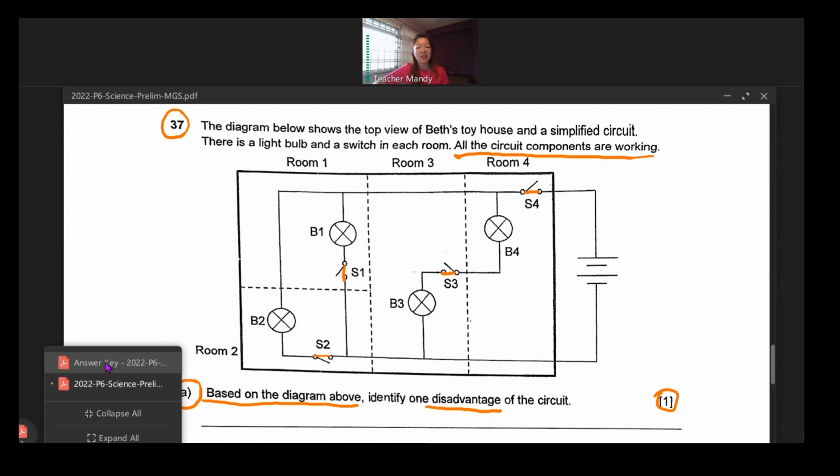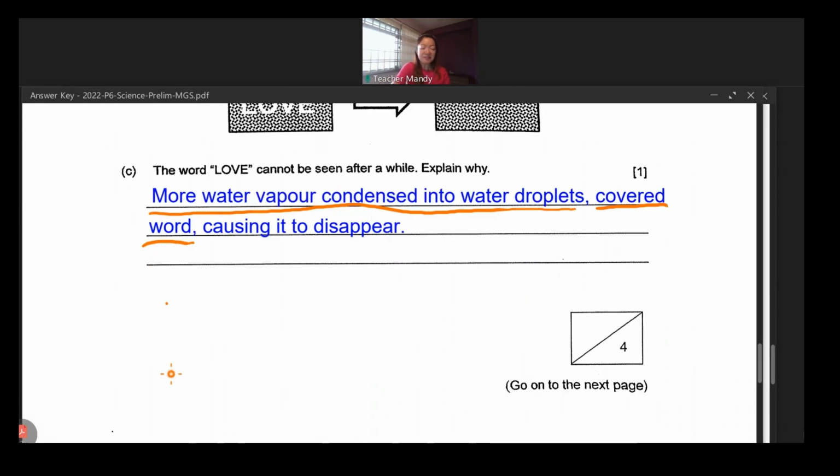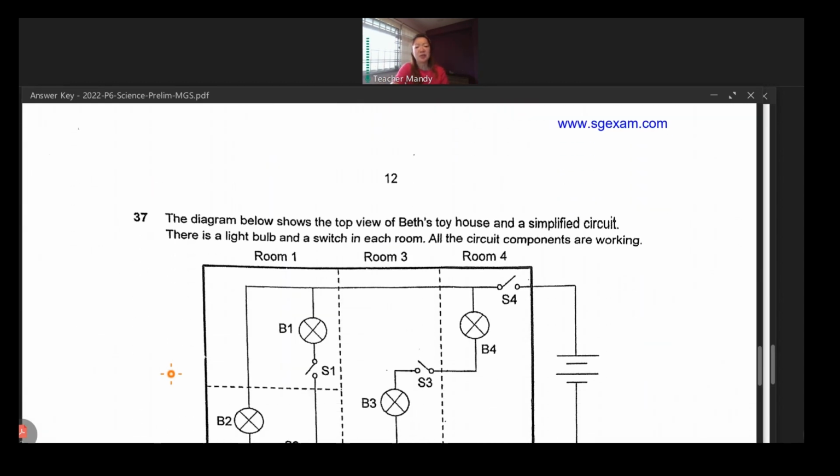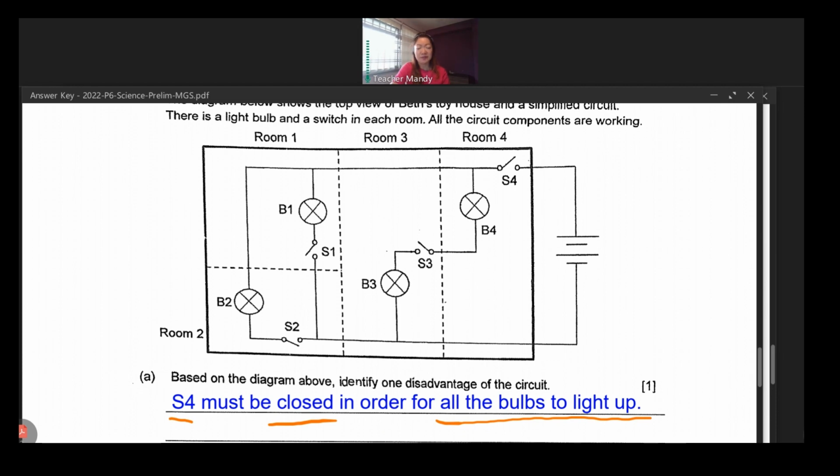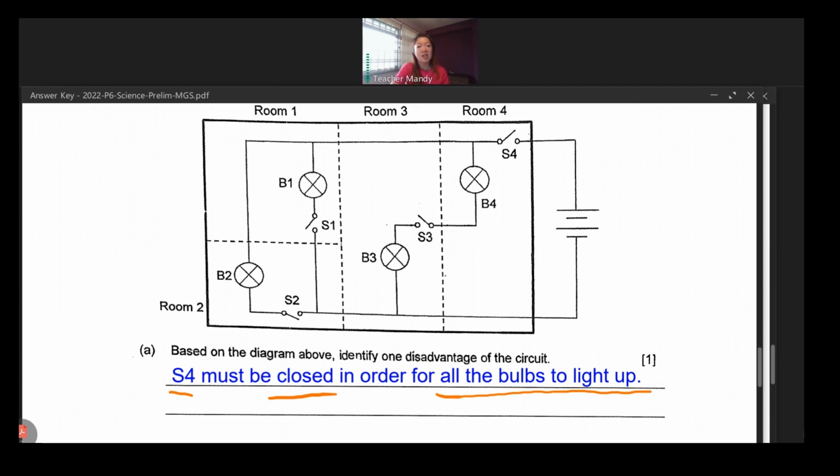Now, the disadvantage here is everything relies on that one switch, which is switch 4. So switch 4 must be closed so that all the bulbs can light up. If anything happens to that switch 4, let's say it's faulty, or it's just gone, you can't light up the entire circuit, and then all the bulbs cannot light up.